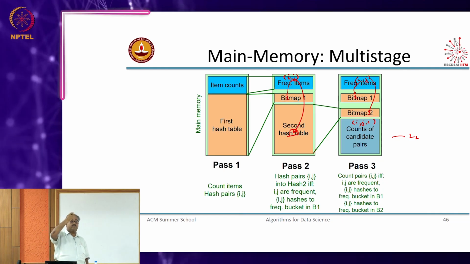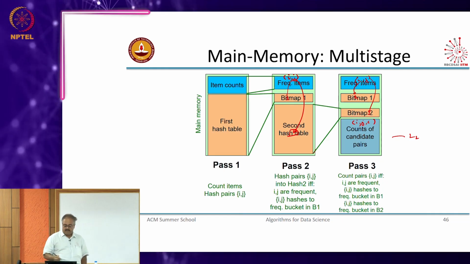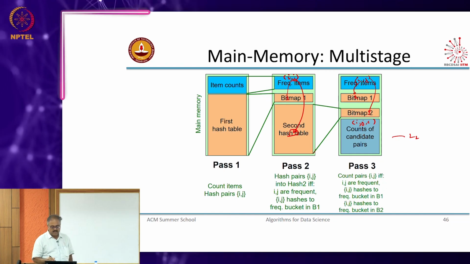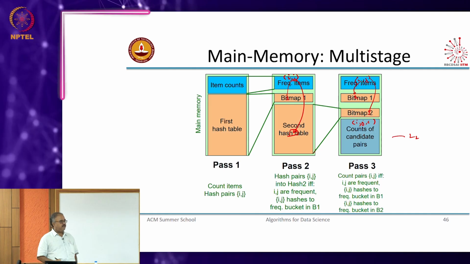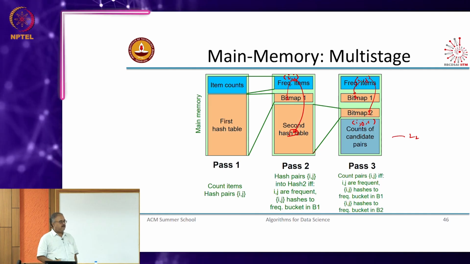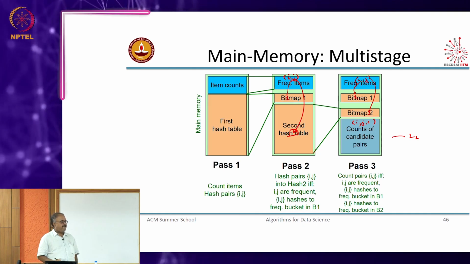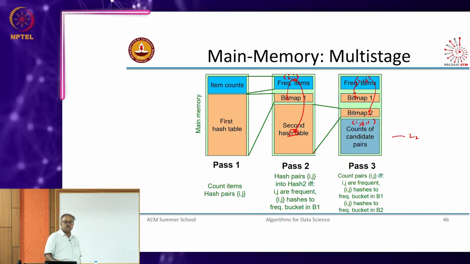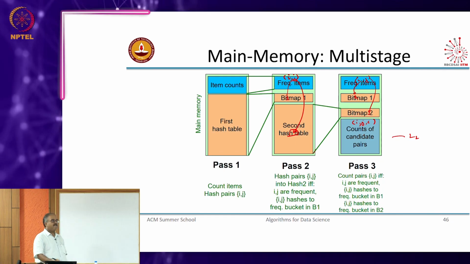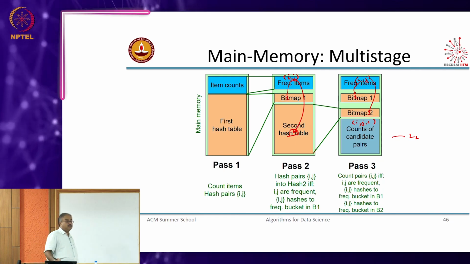So if you truly understood what is going on, tell me why do I have to check whether this item is frequent in bitmap 1 and also frequent in bitmap 2. Why can't I directly check whether it is frequent in bitmap 2? I could, right?